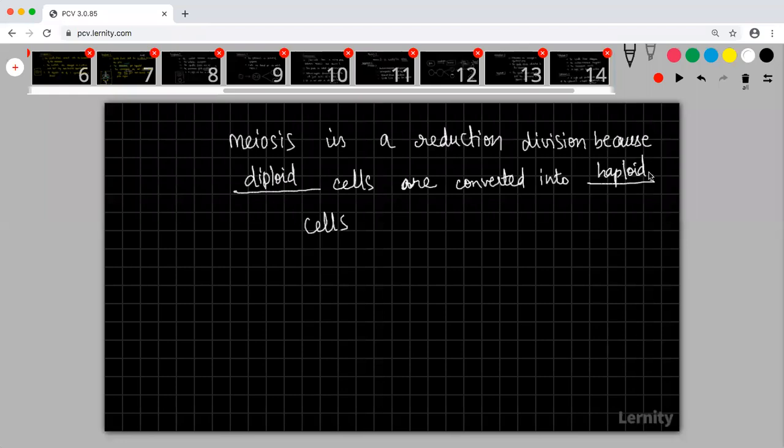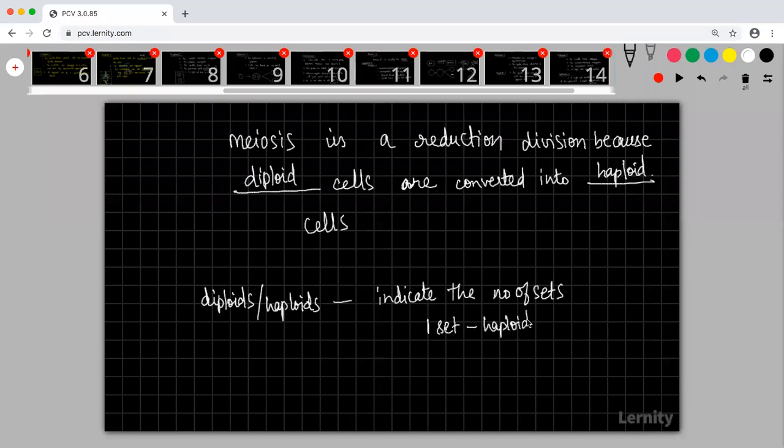Okay, dyads and haploids are not the same. Listen, I will use the words diploid and haploid to indicate the number of sets. If it is one set, we call it haploid. If it is two sets, we call it diploid.